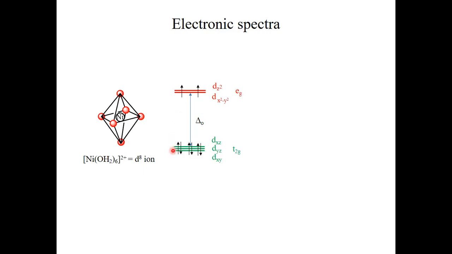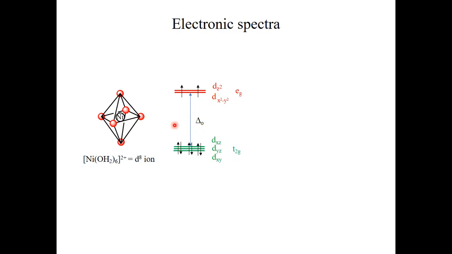Because of energetic arguments, 6 of them would be in the t2g orbitals, the dxy, the dxz, and the dyz, and 2 of them would be in the dz square and the dx square minus y square. So now, how could we explain absorption of visible light by this complex?